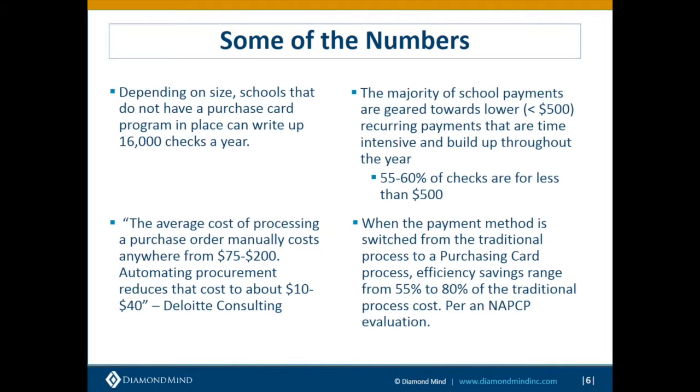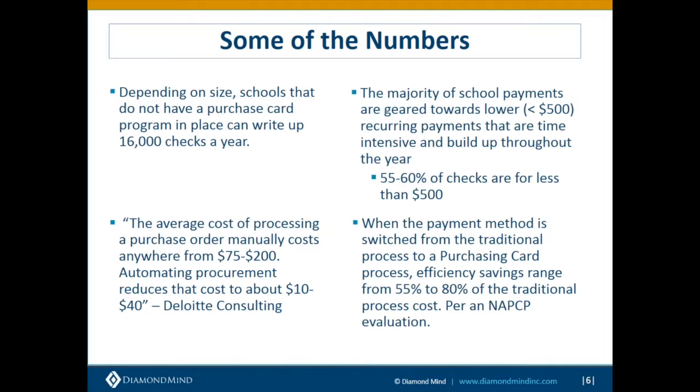The average cost of processing a purchase order manually costs anywhere between $75 and $200, and automating that procurement process reduces that cost to about $10 to $40. And again, this is coming back specifically to the time from when it starts with needing to purchase something until that reconciliation process is complete, the number of employees that are involved with that, and the hours that go into that.